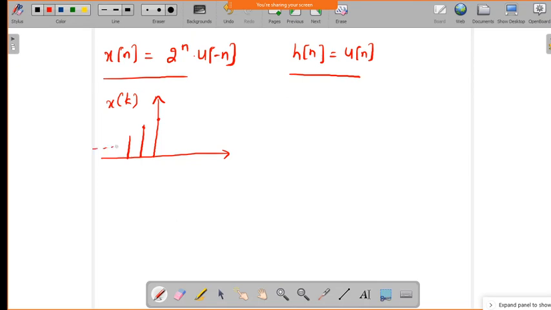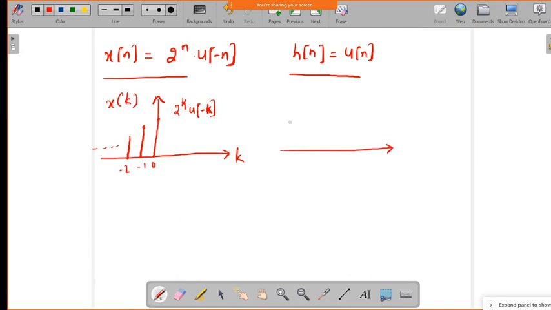So it is 2 power n into u of minus n, or you can take 2 power k into u of minus k, which exists at 0, minus 1, minus 2, like this.